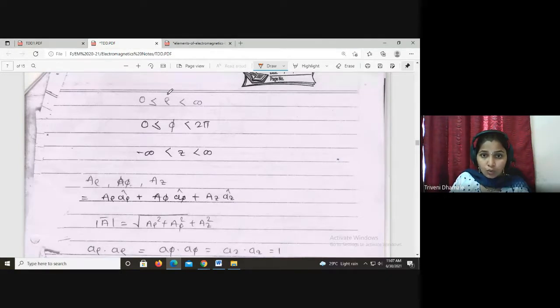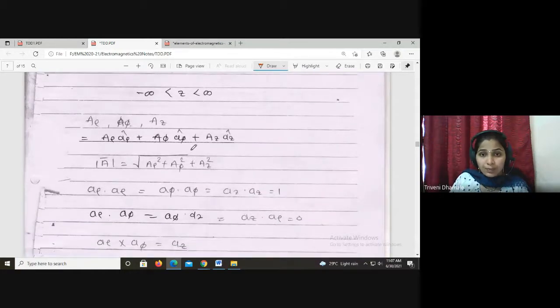Limits: rho 0 to infinity, phi 0 to 2 pi, and z minus infinity to plus infinity. So these are the default limits. If it is not given, you have to consider the limits as they are. For rho 0 to infinity, phi, the azimuth angle, is always 0 to 2 pi, that is the 360 degree rotation, and z, the height of the cylinder, is infinite.